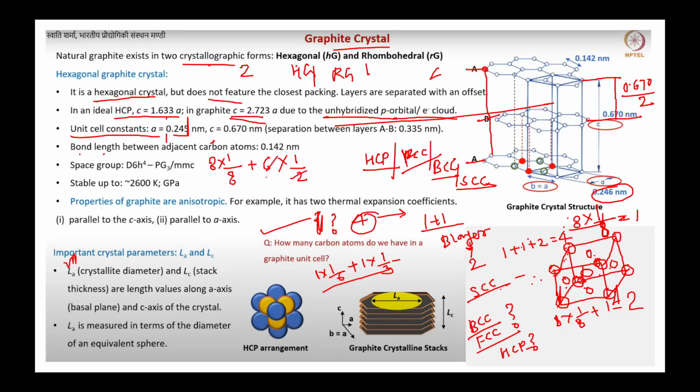So 6 into 1 by 2 is 3, plus 8 into 1 by 8 is 1. So 3 plus 1, how much? 4. So in FCC unit cell, how many atoms are there? 4. Yes, sir.